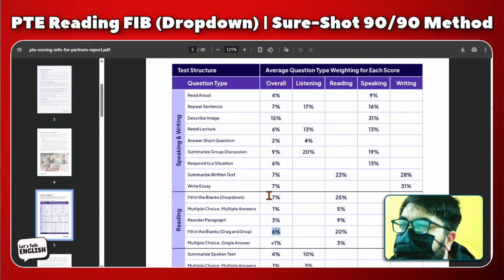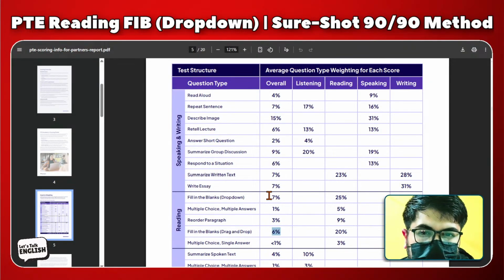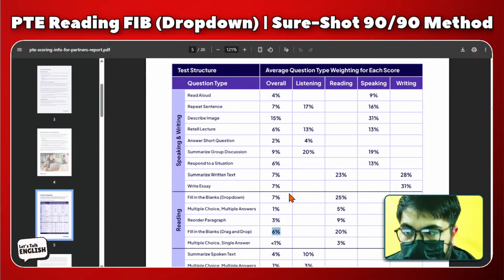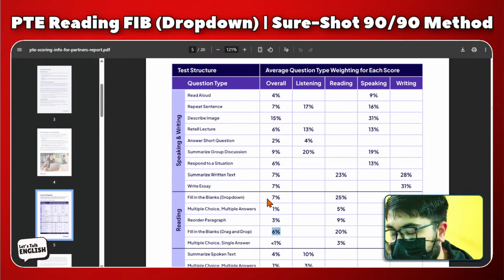I understand that these questions do not contribute to any other module, but that's fine. We have to understand that this in itself is very important. And if this is not going right for you, it will be very hard to clear your PTE test in one go and fly to whichever country you want. So hear me out, very important, highly important, and the same skill is being used in 2 question types altogether.